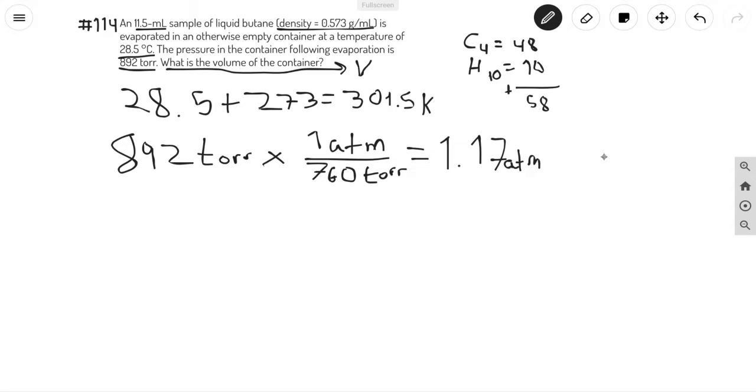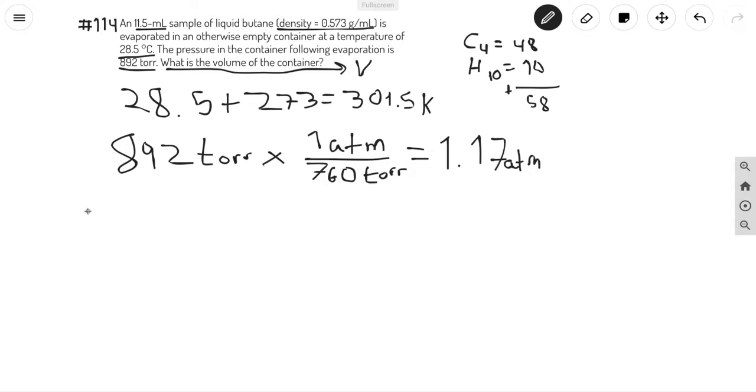And then from here, with your number 58, what you want to do next would be convert the given sample, the volume of it, using the density.